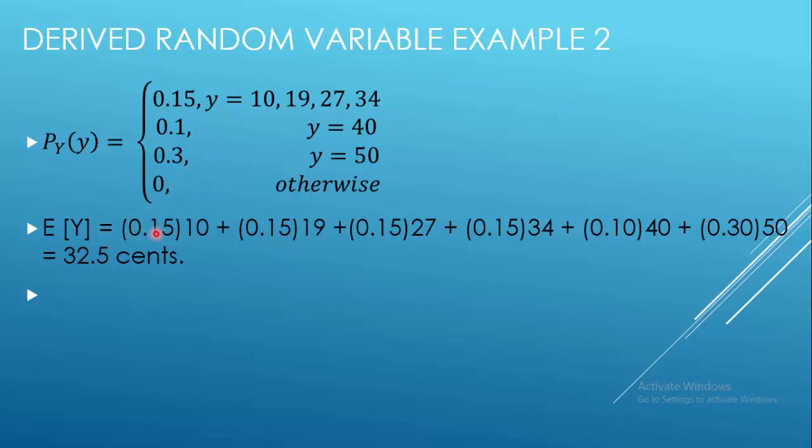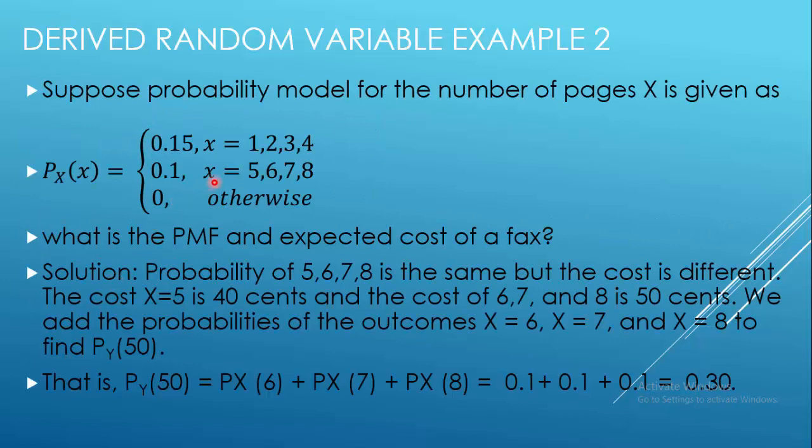So the expected value over here is 0.15 multiplied by 10, 0.15 multiplied by 19, 0.15 multiplied by 27, 0.15 multiplied by 34, 0.10 multiplied by 40, and 0.3 multiplied by 50. So the expected value is 32.5 cents, and it is very evident that the expected value must go up because the number of pages has increased from 4 to 8.